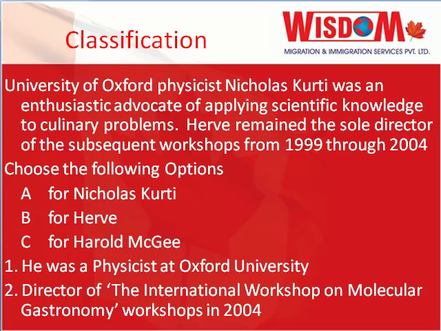So the answer for the second question will be B, which stands for Herve. In classification types of questions, it is important to underline names, dates, and numbers in the text so that you can locate them later easily.